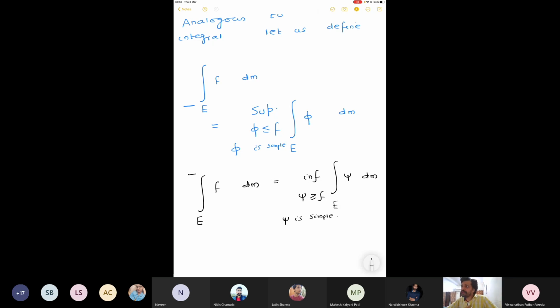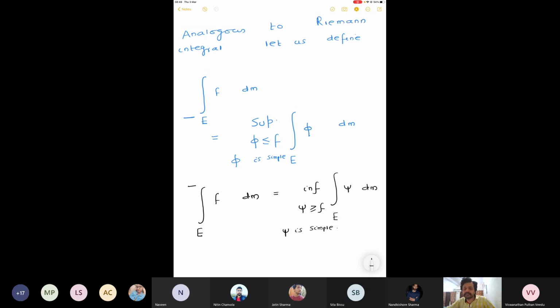But if you see the right hand side, you may have a small issue, because do you know how to integrate a simple function? The right hand side demands integrating a simple function. Do you know how to integrate a simple function? Sir, we know only for non-negative. Only for non-negative, but here I did not assume non-negativeness. Why did we assume non-negative? What was the issue if it is negative?